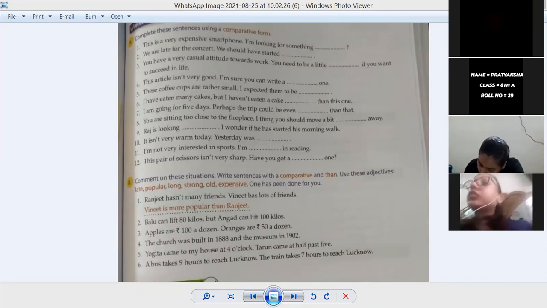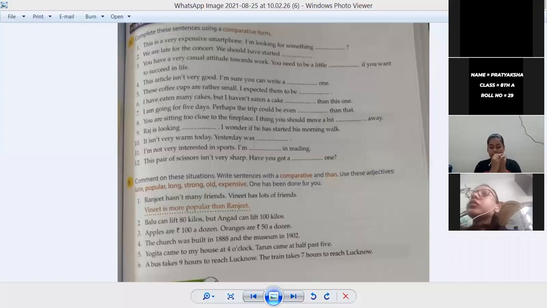The church is older than the museum. The church was older than the museum.